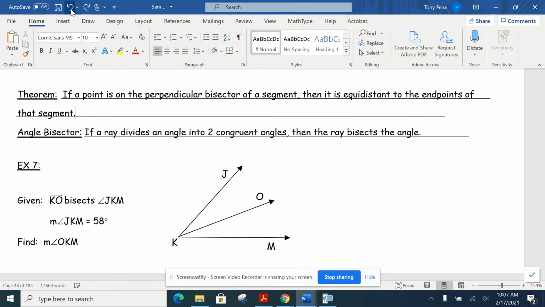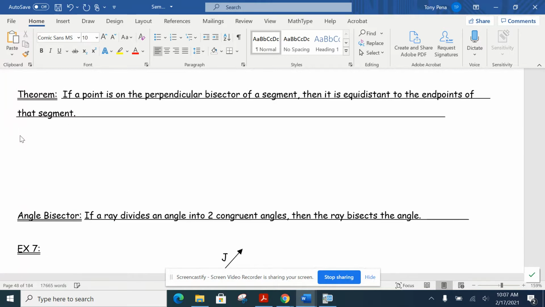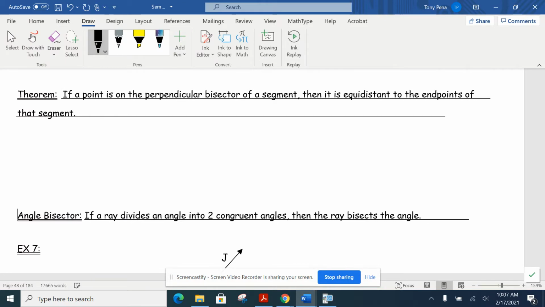We want to draw this in so you can kind of see what this is asking. Let me do it this way instead. So if you have some space, draw in a bisector or a segment. And then I'm going to draw in, remember yesterday we talked about a perpendicular bisector.